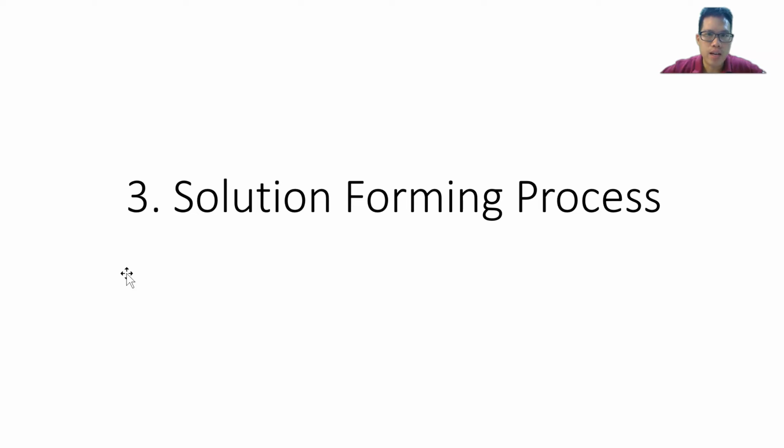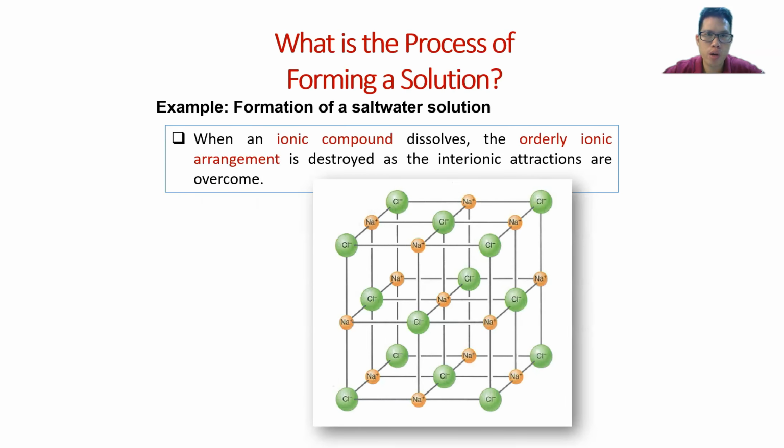Okay, third is the solution forming process. How are solutions formed? Let's look at the molecular structure. When you're looking at an ionic compound dissolving, the ionic compound is usually in an orderly form.